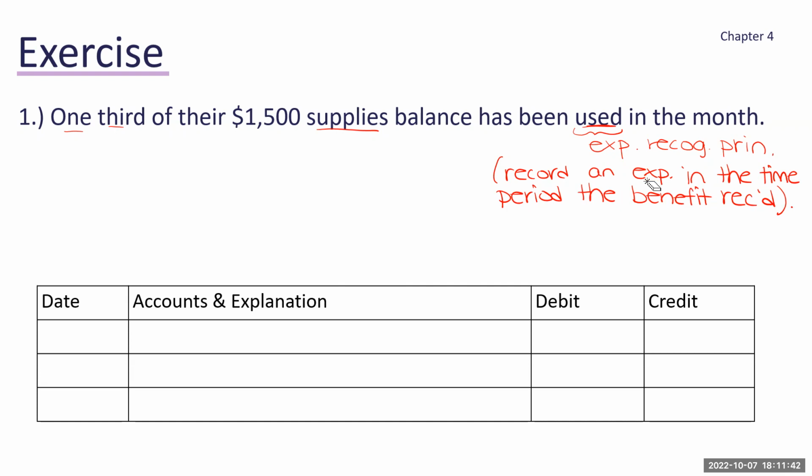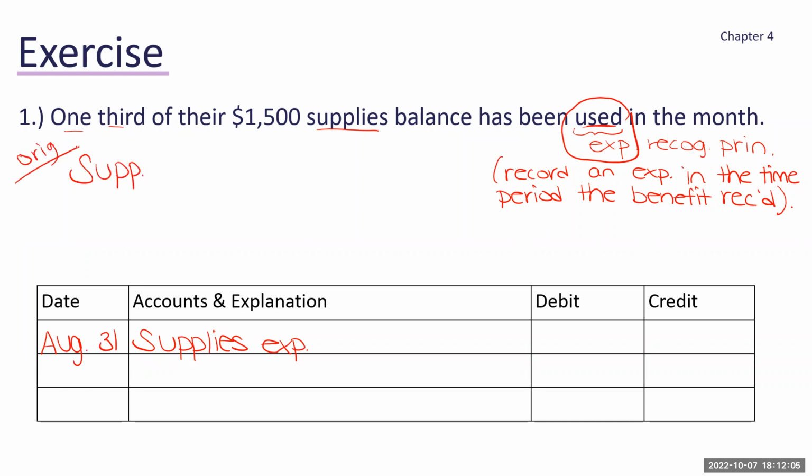Okay. All right, so right there, I see used, I'm thinking expense. Gotta put it to an expense account. So the expense account is going to be supplies expense, which we really haven't used up until now, right? We've been dealing with supplies as an asset. We've been buying supplies. This was our original entry that we did back in chapter 3. We buy supplies and we pay with cash, and then we have it sitting on our balance sheet as an asset.